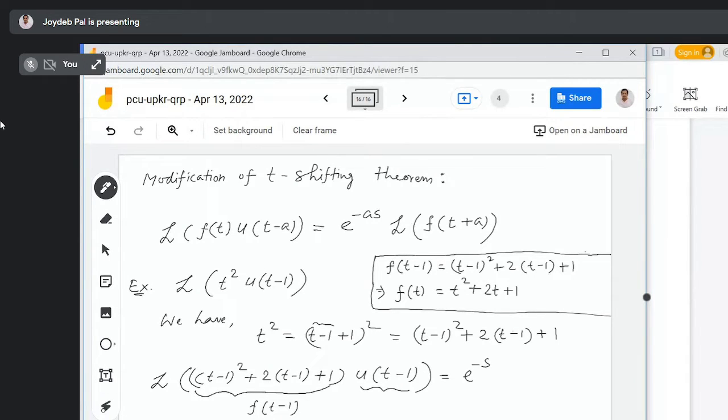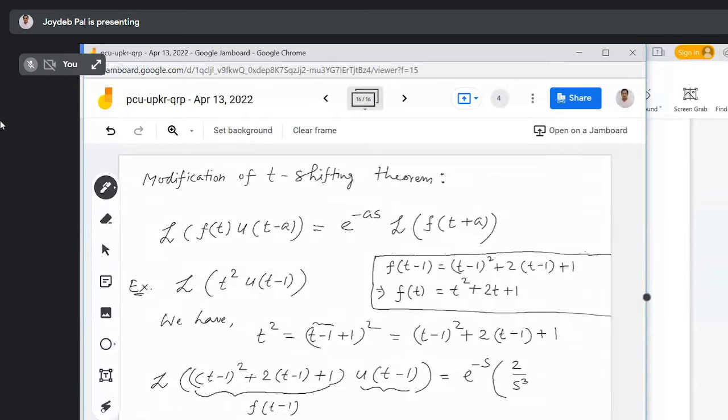Now you tell me what is the Laplace transform of f(t). There are three terms. So what will be the Laplace transform of the first term, t square? Tell me what is the Laplace transform of t square? 2 by s cube.